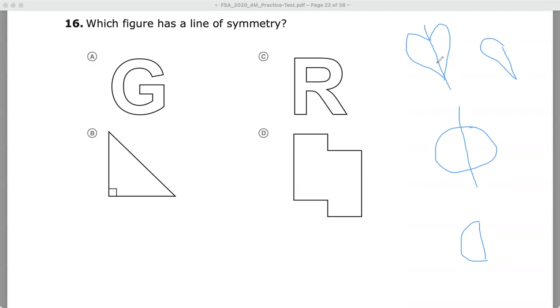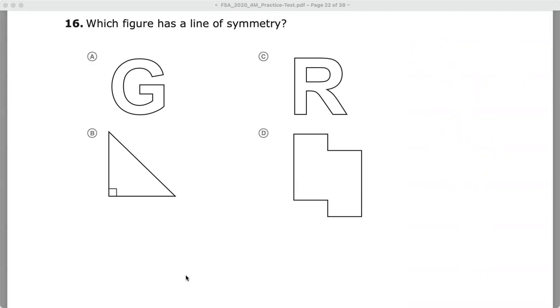Now, if I were to have a heart and draw a line through it like this, that would not be a line of symmetry, because if you fold it in half, part of it would be the curved part and part would be the pointy part.